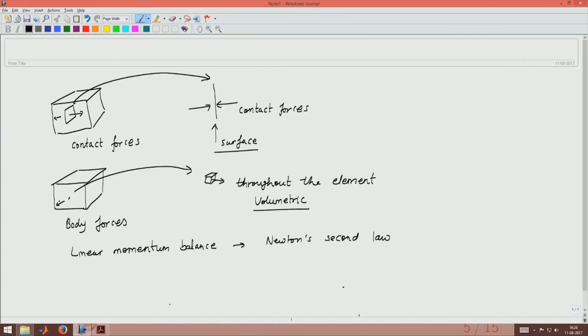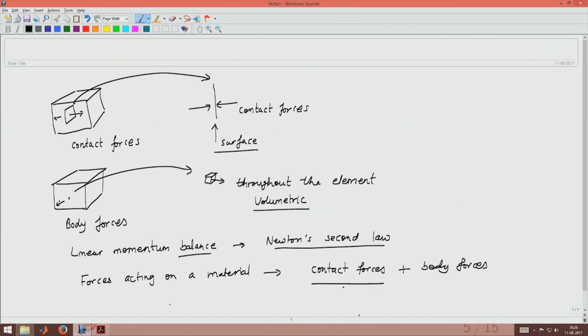Therefore, we will need to know what the forces acting on the material are. Clearly, to define those forces, we will need to say what type of contact forces act on the material, and then what the body forces are. So, when we do the balance, or when we write Newton's second law, we will have to specify contact forces, and we will have to specify the body forces.